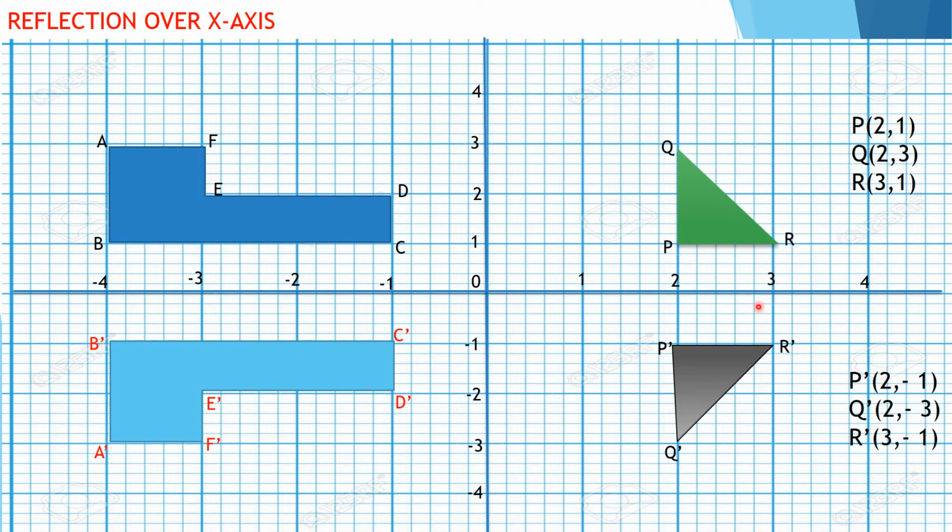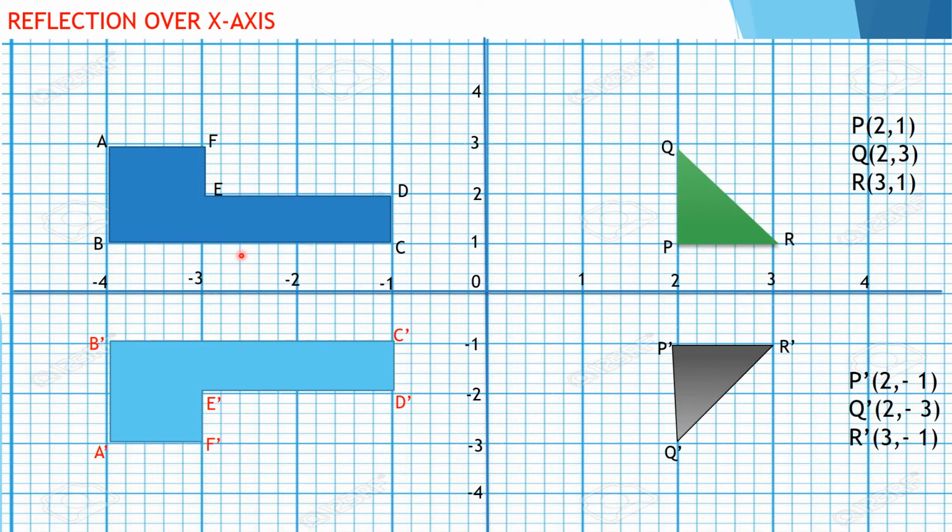You can see it, the image is the black. So this is the reflection of this. How to do it is just negate your y's. Multiply your y's by -1 and the x remains the same. 2, -1, 2, -3, 3, -1, and you have your reflection over the x-axis.